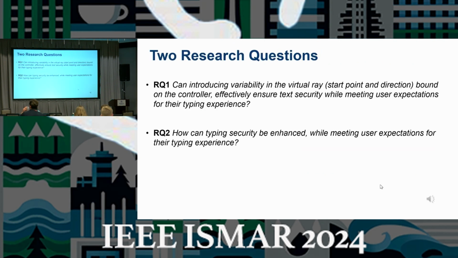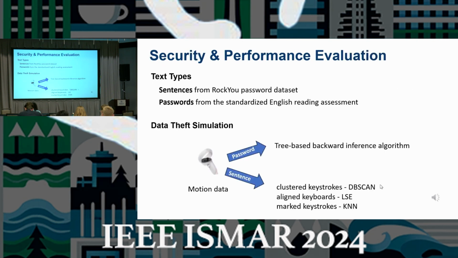Then we came up with research questions for the user studies to evaluate the proposed approaches. We recorded motion data every time the controller's trigger button was pressed for key selection: angles, position, and the distance between the keyboard and the controller.